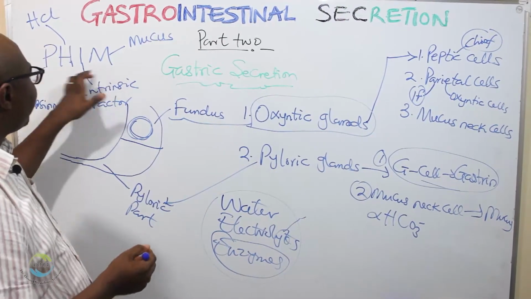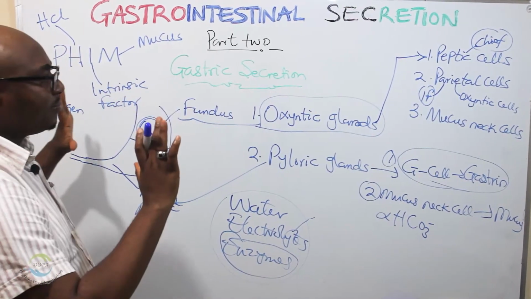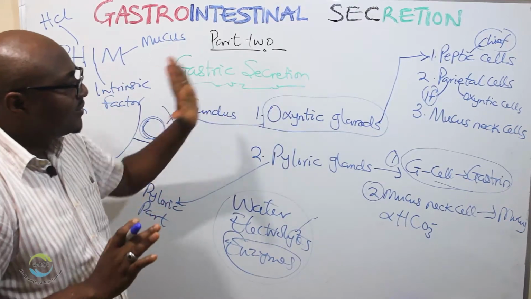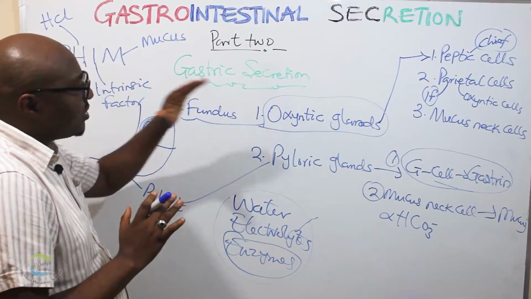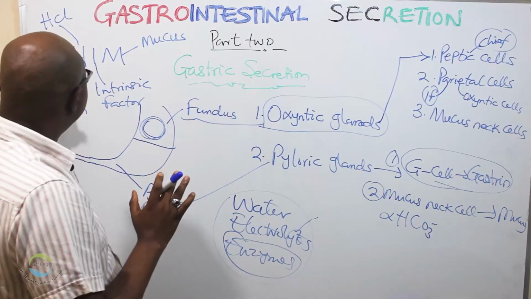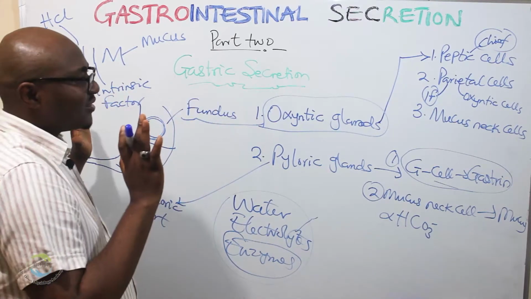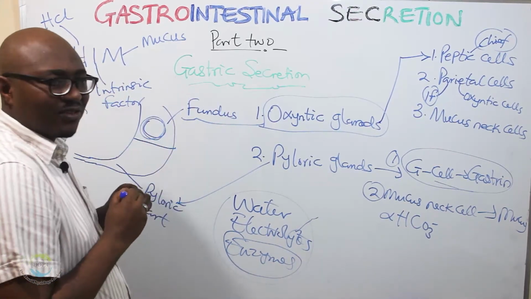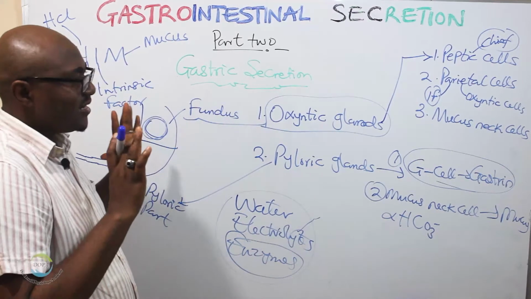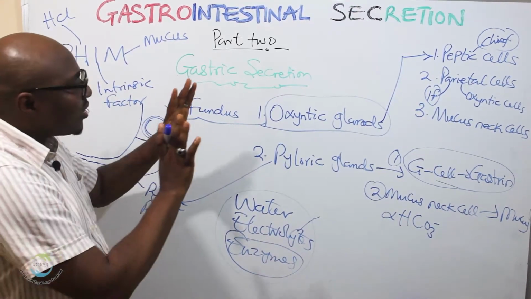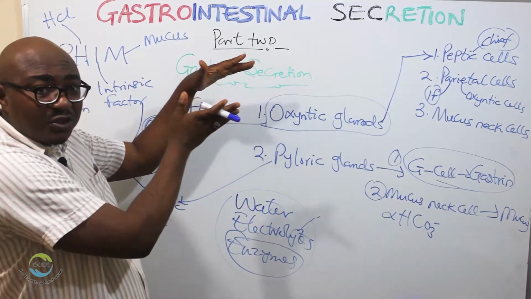Use this acronym FIM to remember them. Peptic cells, pepsinogen. Parietal cells, which secrete hydrochloric acid, also known as oxyntic cells, and intrinsic factor. Then mucous neck cells. We are going to talk about the functions.